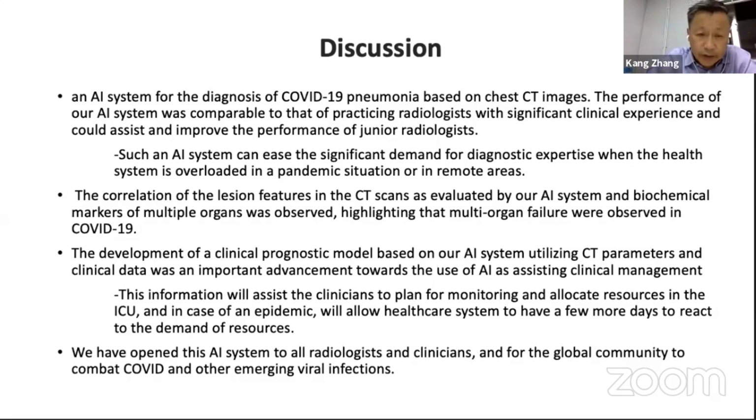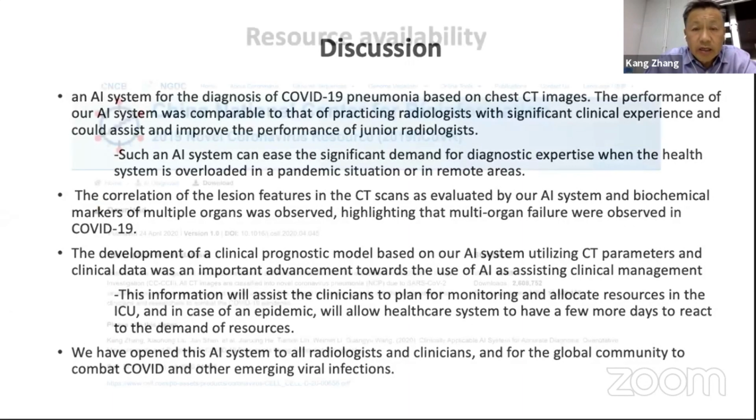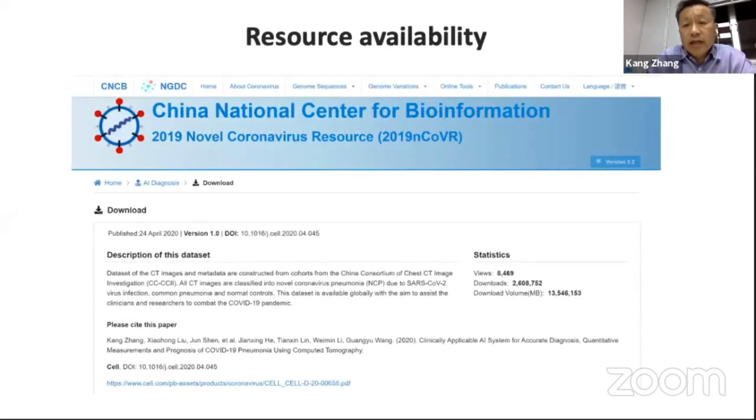So finally, we made this system open to all the radiologists and clinicians, and you can download the slides and slices and also the codes. This is now available at the China National Center for Bioinformation, and it has been viewed almost 10,000 times and downloaded 3 million times.